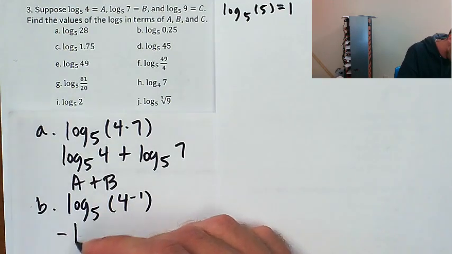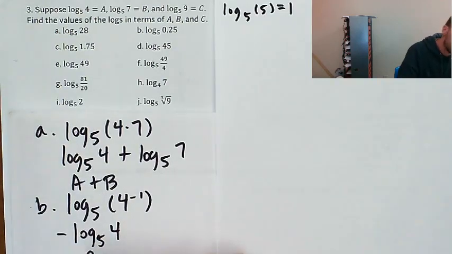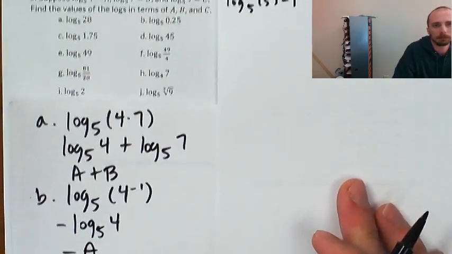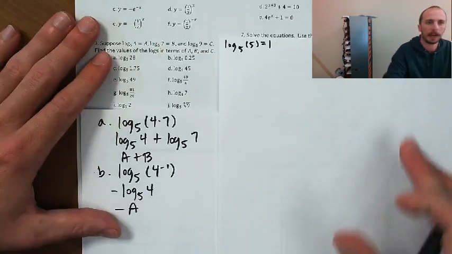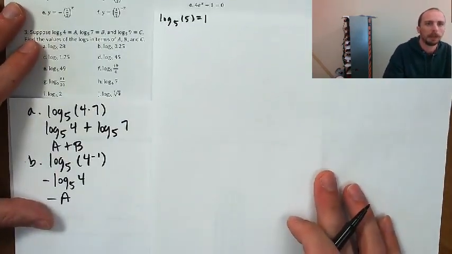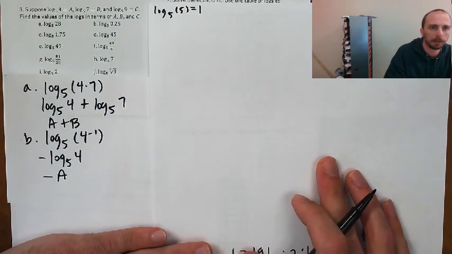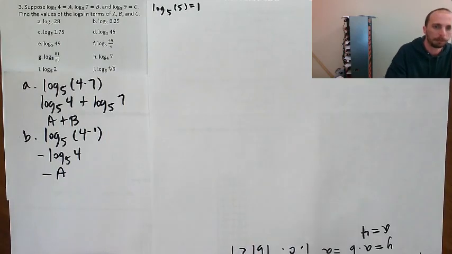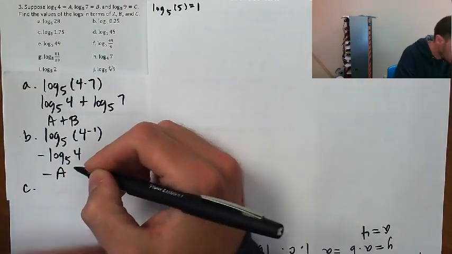So that's negative 1 times the log with base 5 of 4, and that's just going to be negative A. Can't see that, but that's what I said. All right. Let's see. Oh, maybe I'll zoom this out a little bit. Yeah, that will be helpful. Okay, let's just keep that going up for a little bit. All right, I think that will allow me to fit all my work in here.